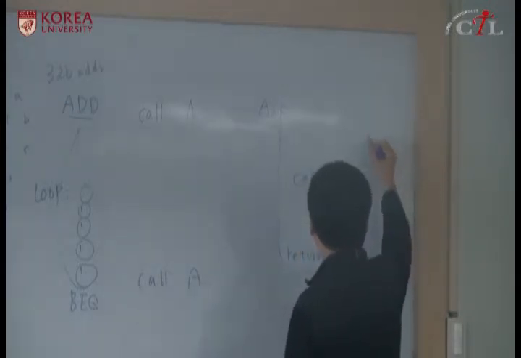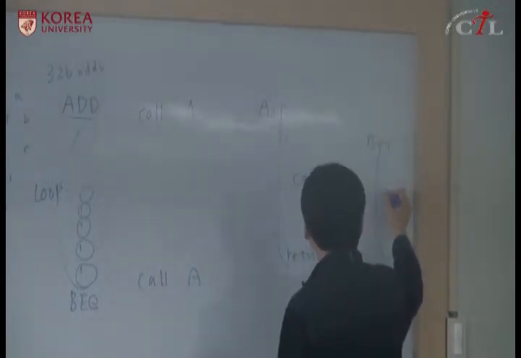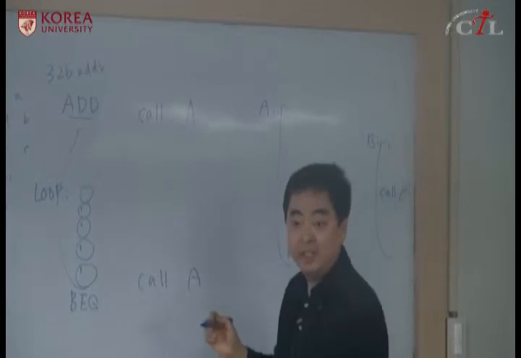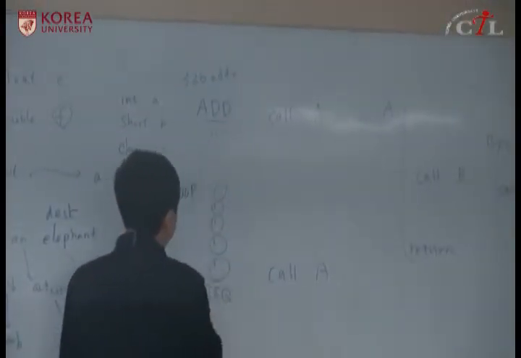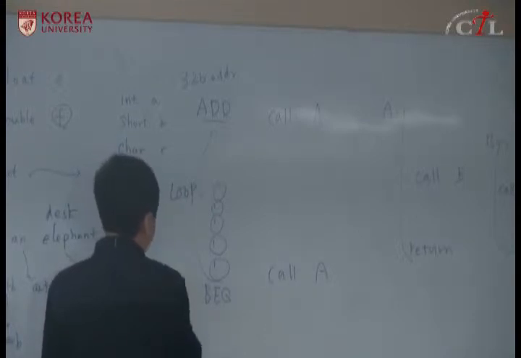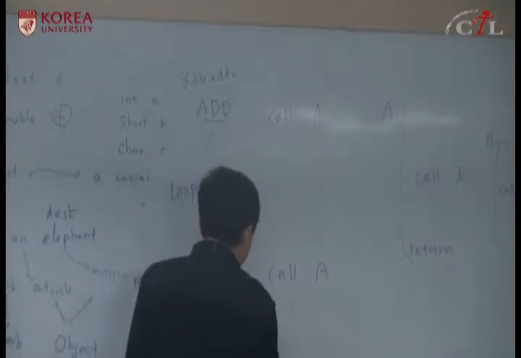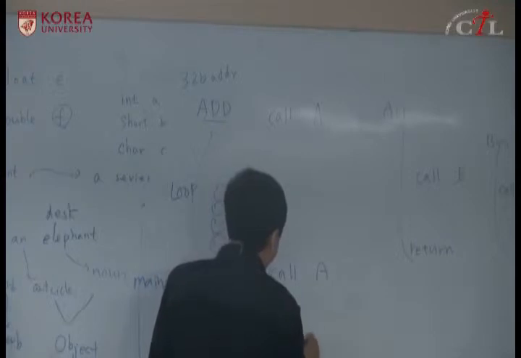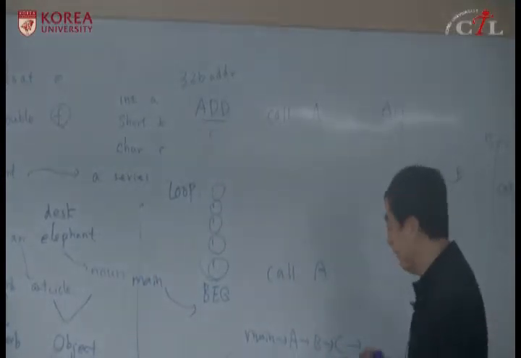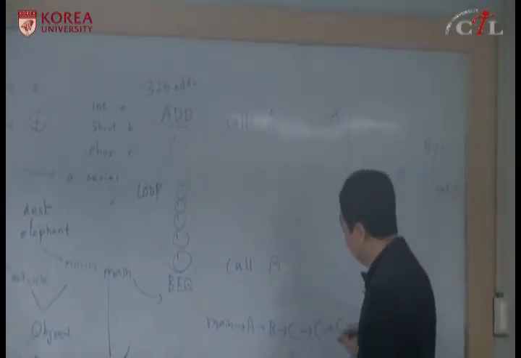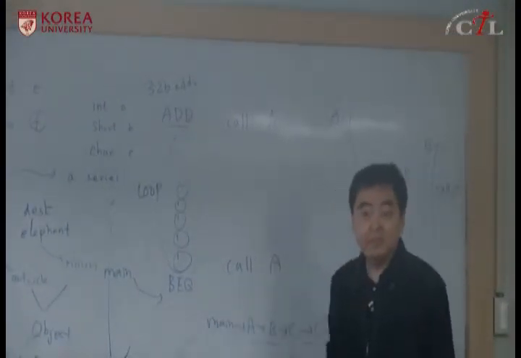Inside function B, you have maybe another function called C. So the procedure call sequence can be, main calls A, A can call B, B can call C, which might be a recursive function, and then return like this, right?